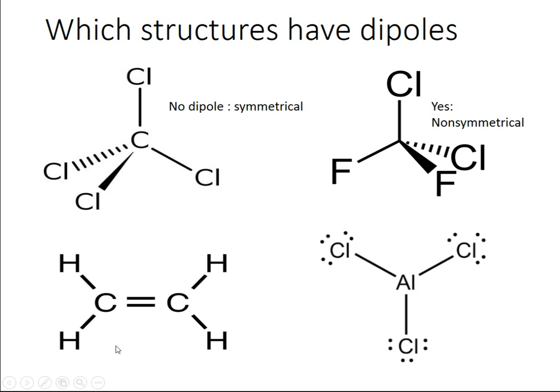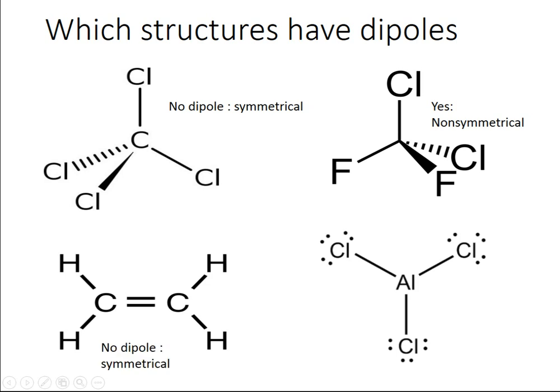What about this? Do we have a dipole moment here? The answer is no. This is symmetrical everywhere. This cancels with this. This cancels with this. And even if we don't go there, carbon and hydrogen are non-polar, so we will not have a dipole moment. What about here? Do we have symmetry here? Are we going to have a dipole moment?